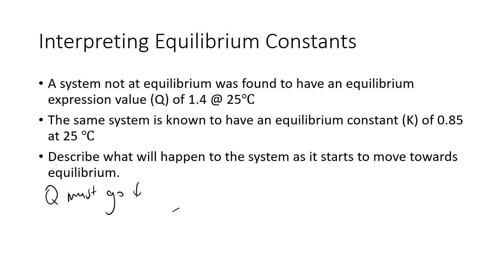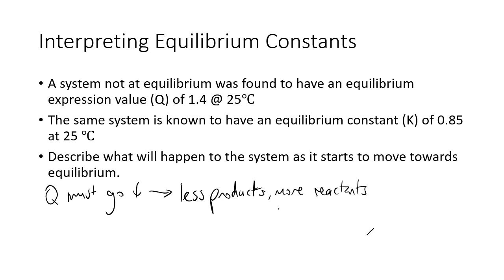If Q must go down, that means you must have more or less of what? Reactants or products? Q must go down, that means you must have less products, more reactants.